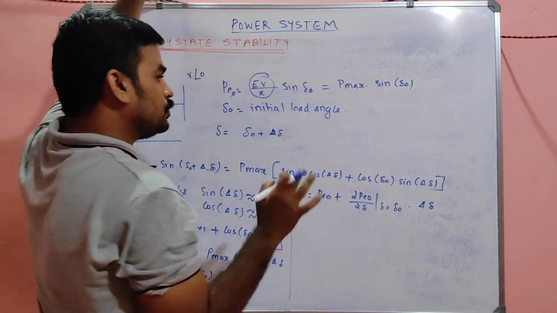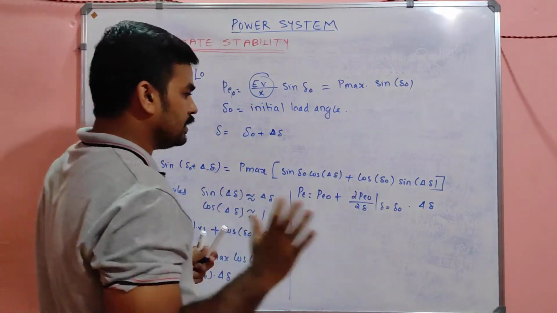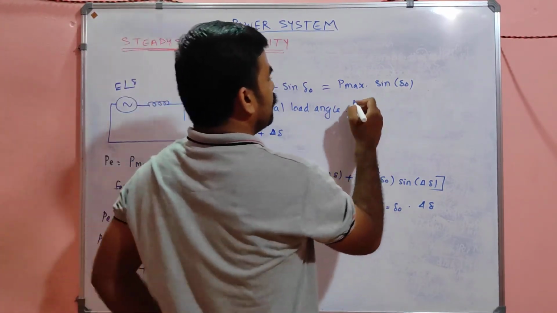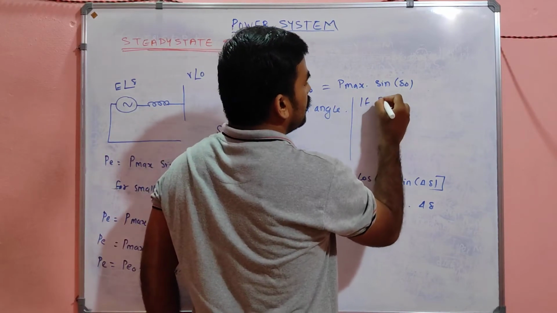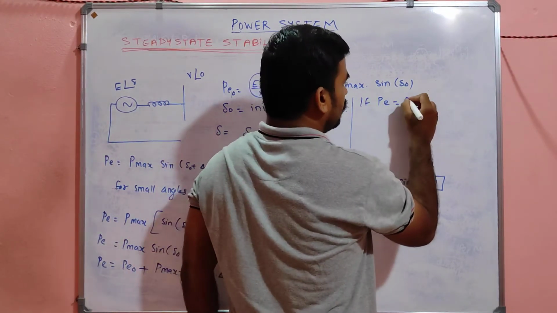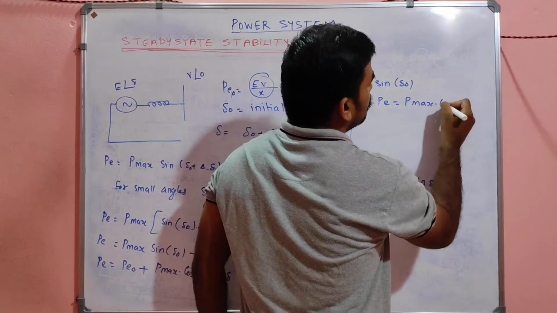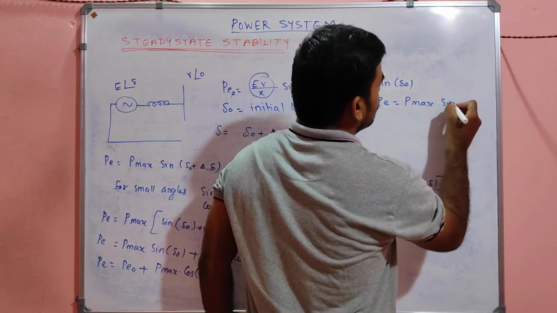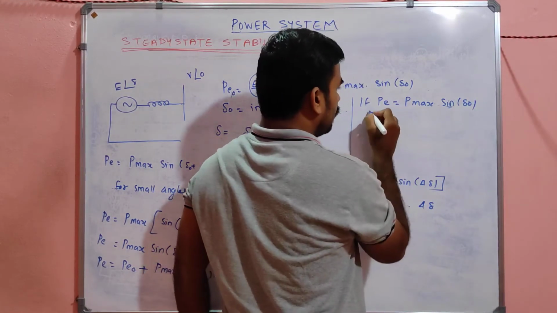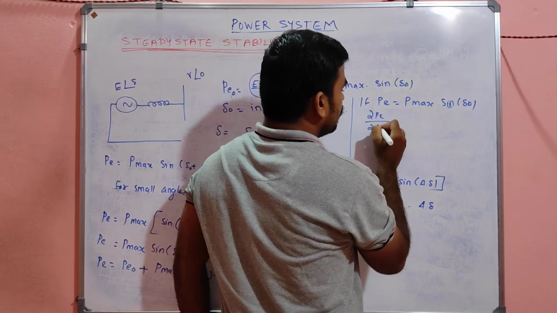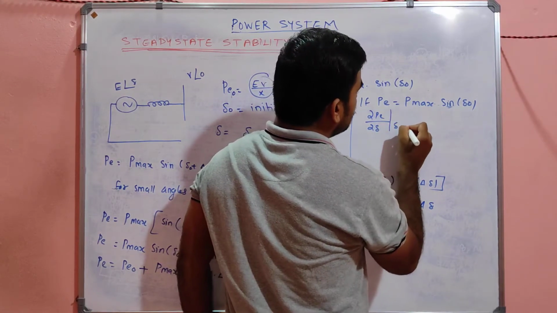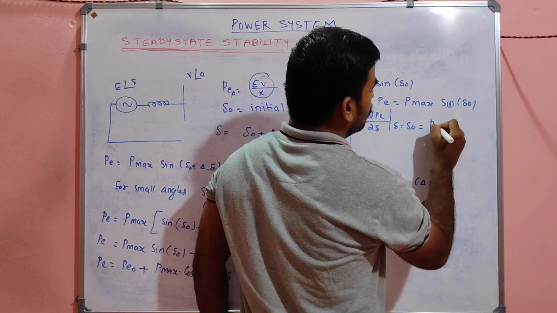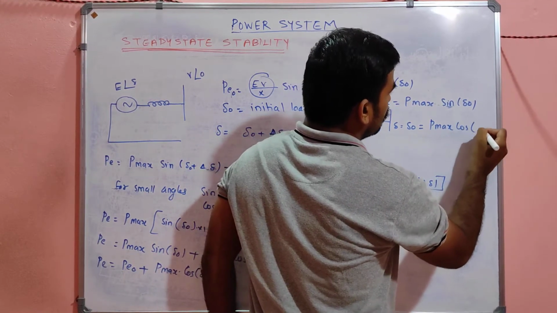So generally, my dear, I can say that if P is equal to P max into sine del 0, then dou P divided by dou del at del is equal to del 0 will be equal to P max into cos del 0.